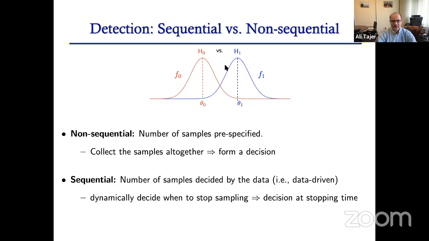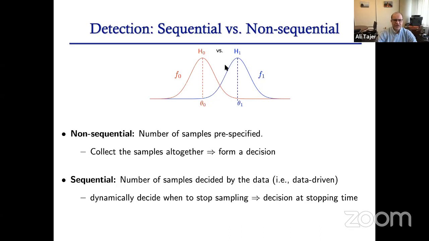Let's say that type 1, type 2 errors, we want to control them below a certain level, let's say 1% error. And then based on that, we can generally formulate how many samples we need to take. The number of samples is decided upon a priori before running an experiment. And we start collecting the data. When we collect the data, at the end of it, we make a decision. So the sample size is prefixed and specified before running the experiments.